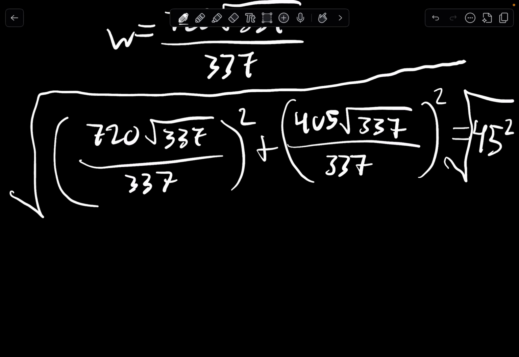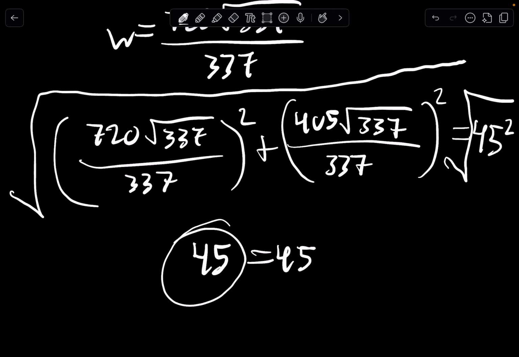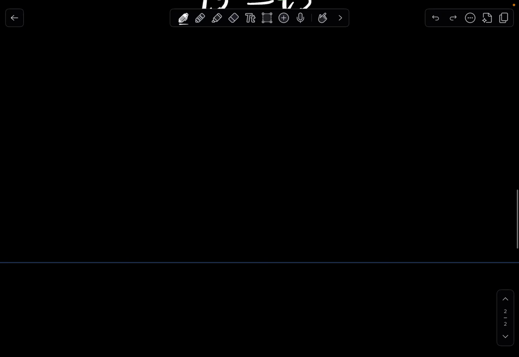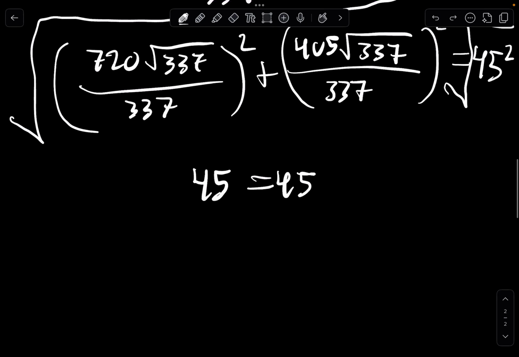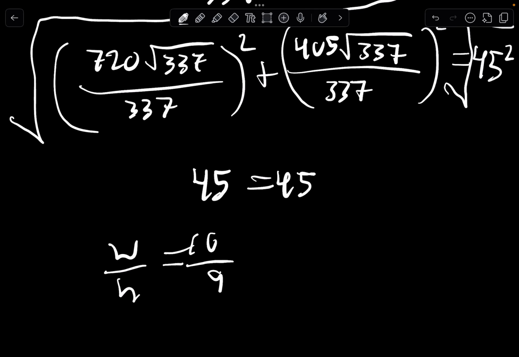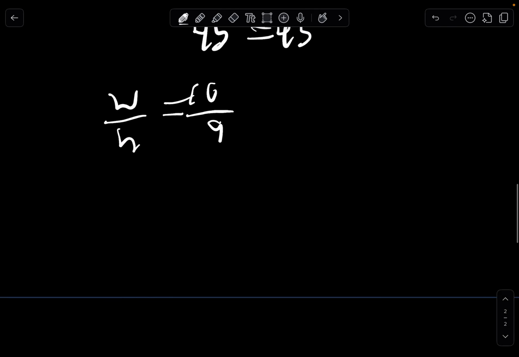Okay, so I put it into Mathway exactly how it was, so it satisfies this Pythagorean theorem equation. I swear it says 45. So there you go. And then if you want to check this equation, we can do it.